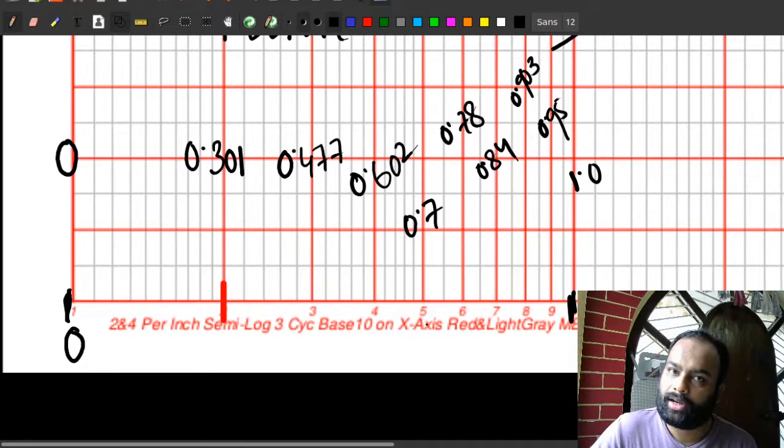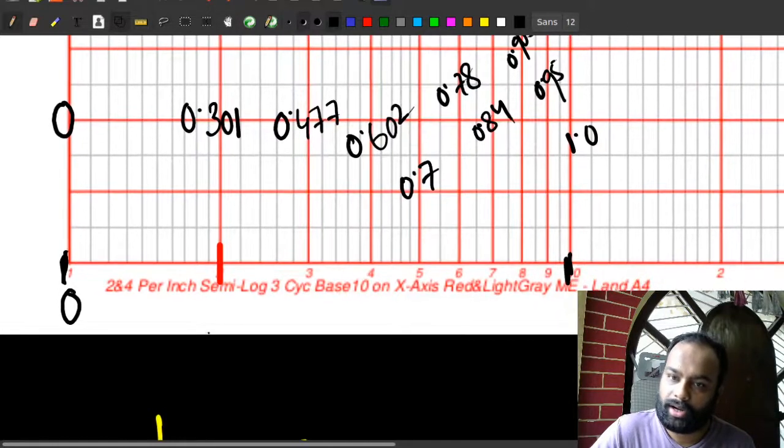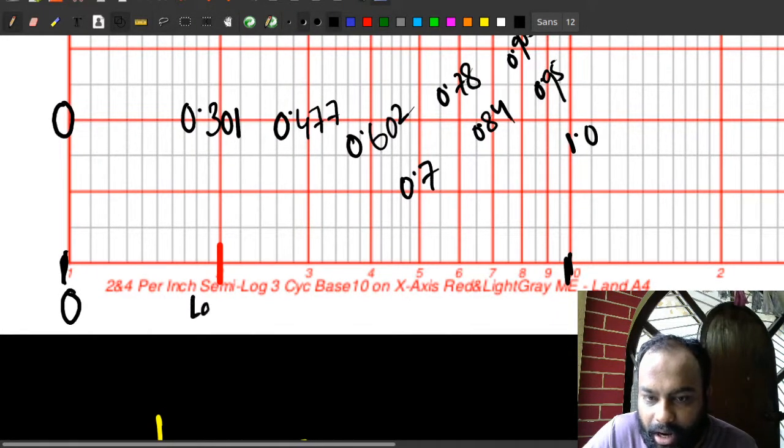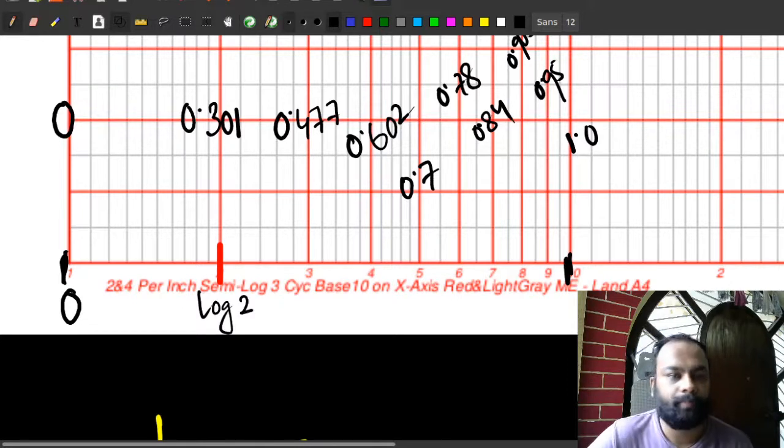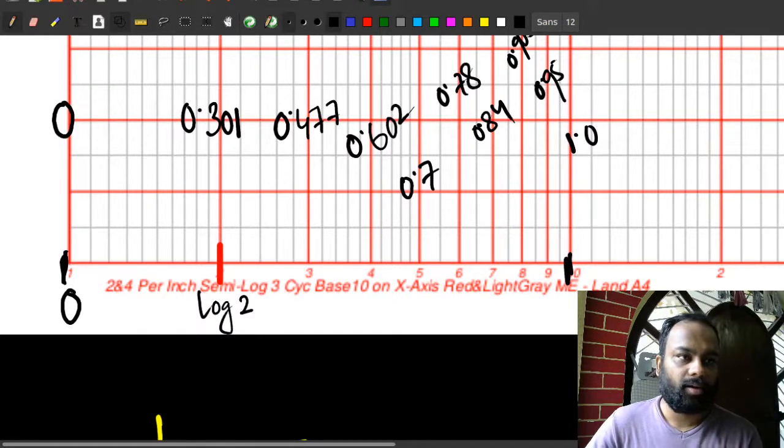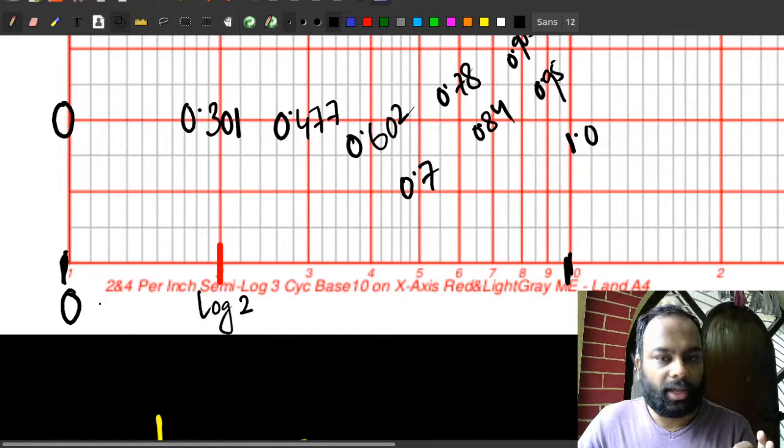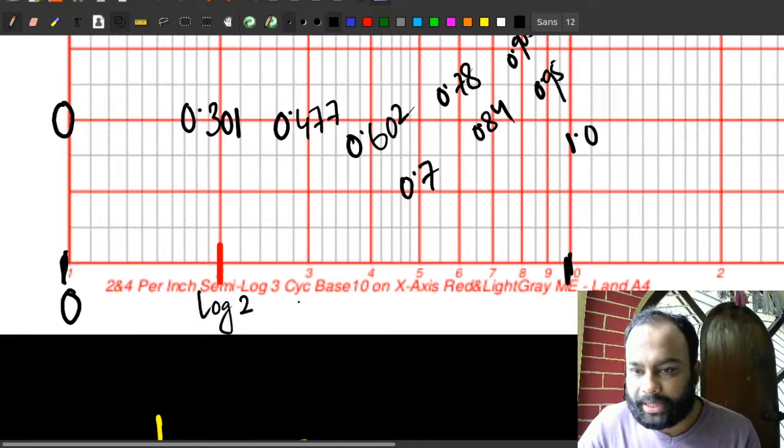Got it? But what about this length? This length was log 2. Can I say that? This length is log 2. Right? Got it?